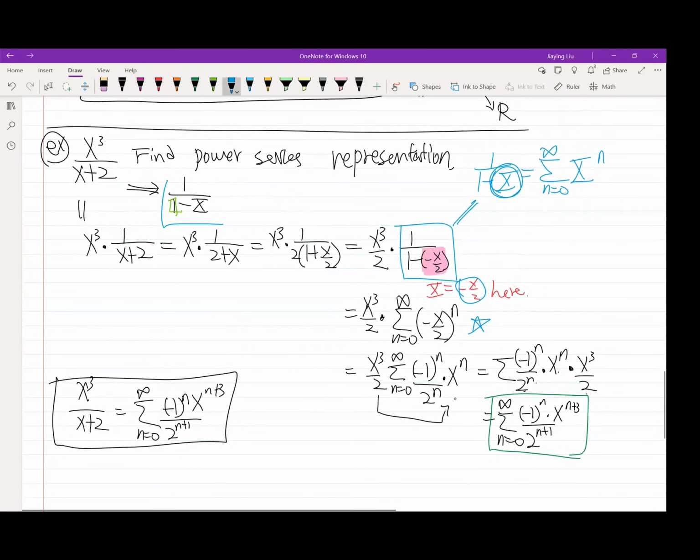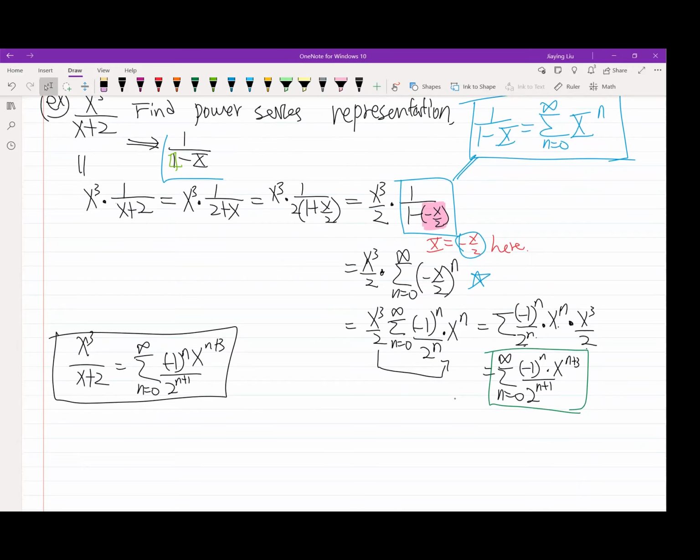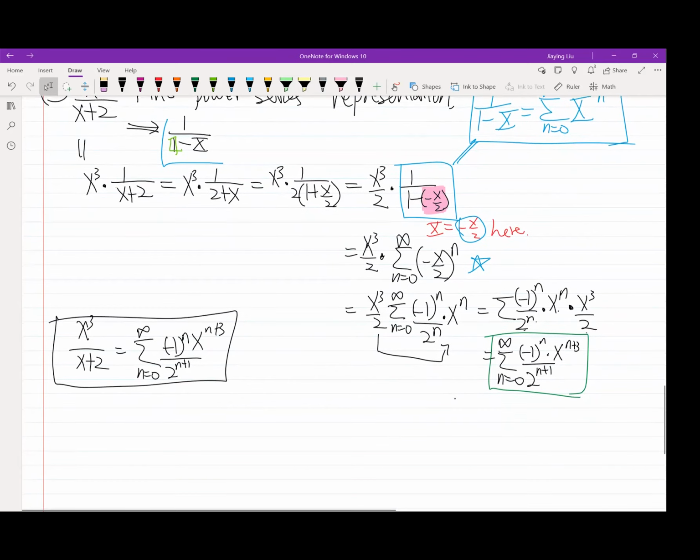So this one I'm writing in blue, so that's an important conversion that we use here, converting 1 over 1 minus x into a power series. In both examples, I've been using the same conversion there. And then later, we're going to talk about the more general case that you cannot translate into 1 over 1 minus x. How do you find the power series? There are other ways that we can do that. Does that help? Any other questions?